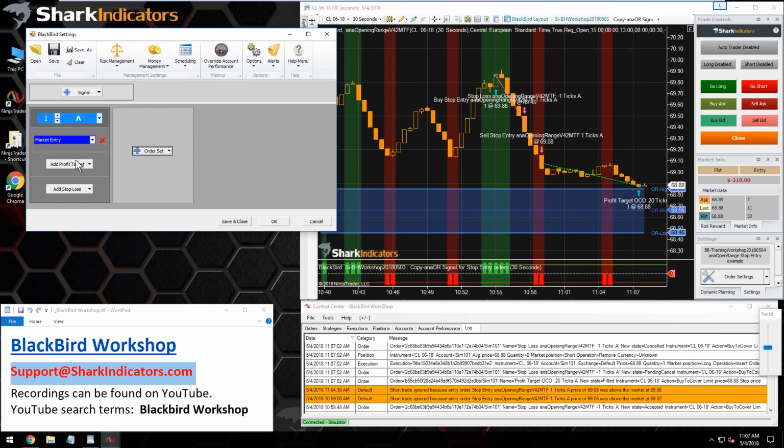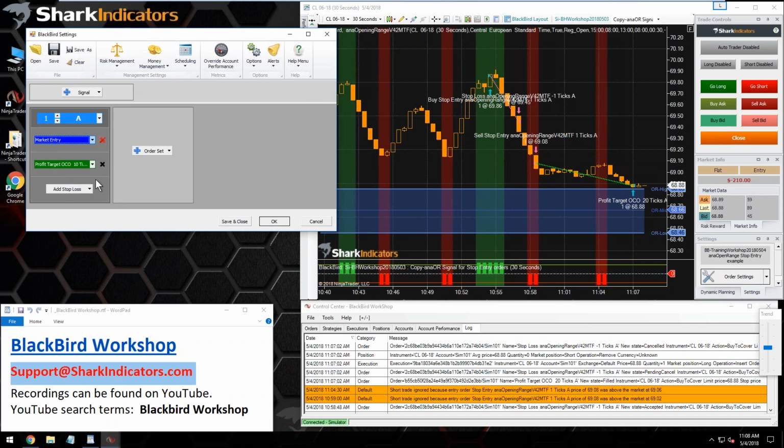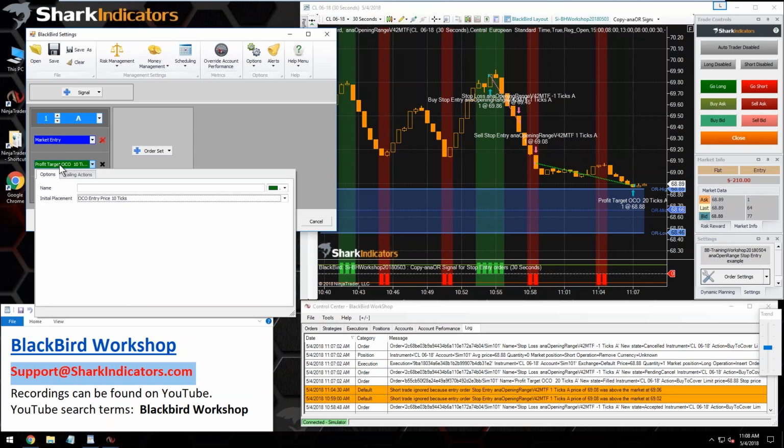Let's do a simple market order with a 10-tick profit target. I'll ignore the stop loss since that's not part of the question. So let's get into the profit target. We'll start it off as a 10-tick profit target, so the initial placement is 10 ticks here.